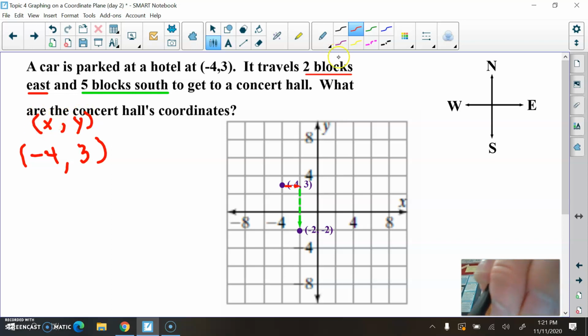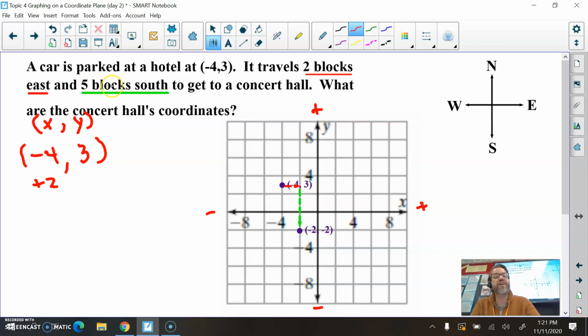When it says to travel 2 blocks east, which is to the right, you're moving to the right for your x value. So that's the positive direction, by the way, when you're going to the right. Left would be the negative direction. When we get to the y coordinate, up would be positive and down would be negative. Okay, so when we go 2 blocks east or 2 to the right, we're going 2 in the positive direction. So to my x coordinate, I'm adding 2.